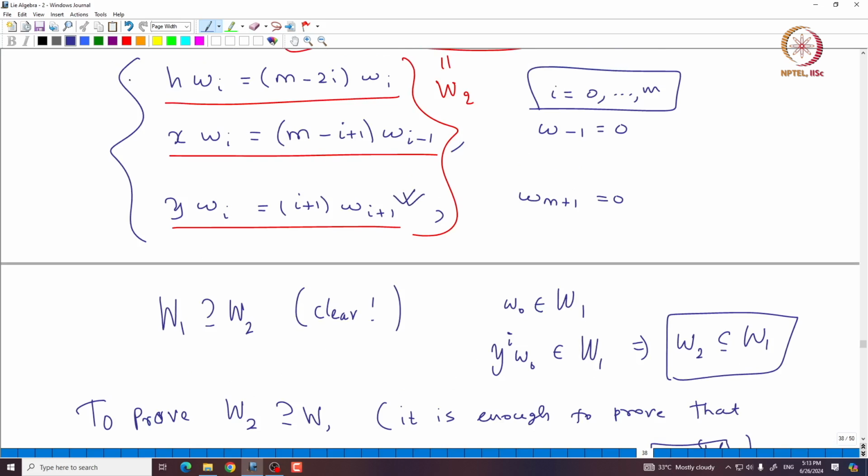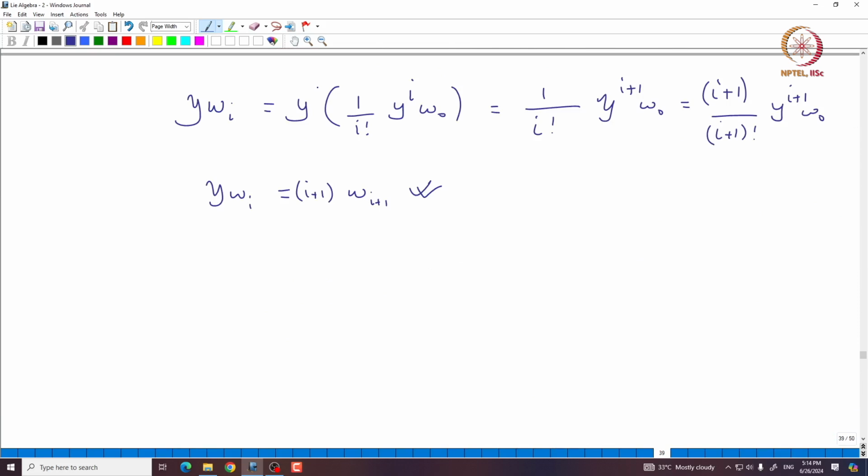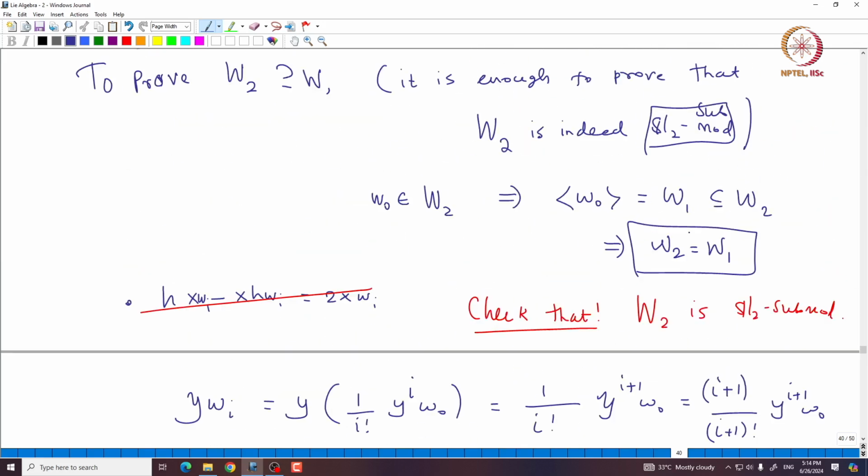So, now let us verify the first formula, HWI should be m minus 2I WI. Again, that can be verified directly using the commutation relations. Okay. So, for example, if we know already that if h v is a v, then h acting on y v is going to be a minus 2.